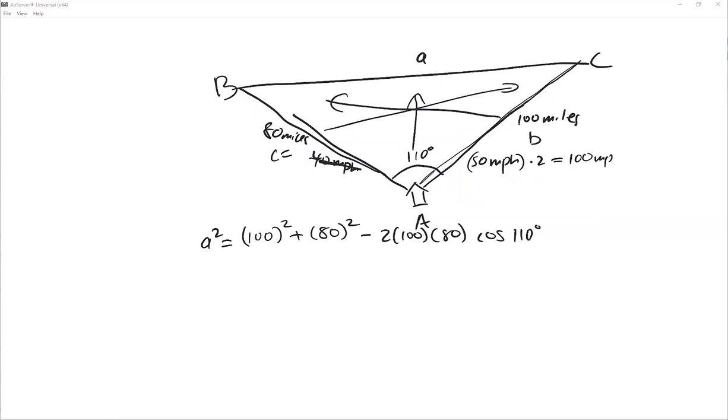This will be 10,000 plus 1,600 minus 200, 1,600 cosine 110 equals A squared. 10,000 plus 1,600 is 11,600 minus 1,600 cosine 110.